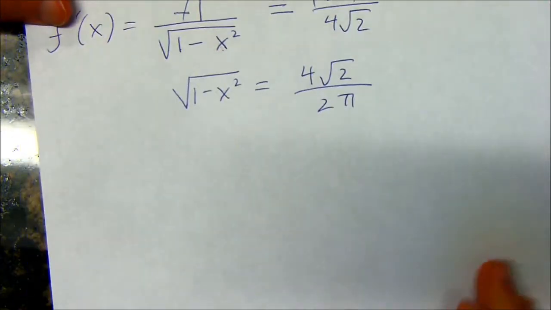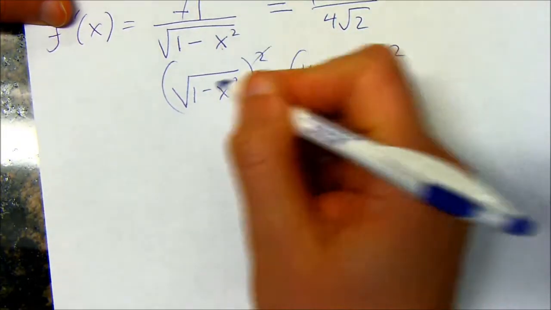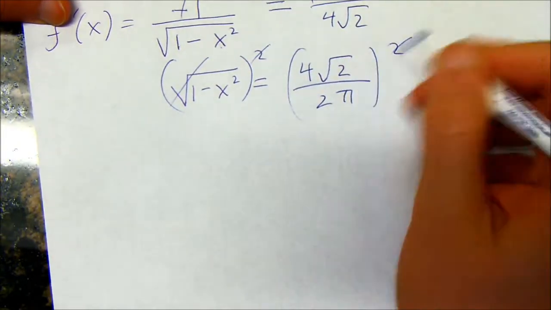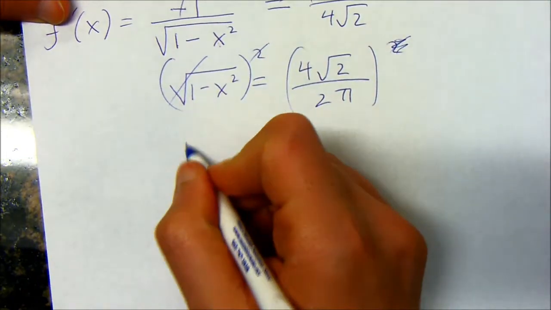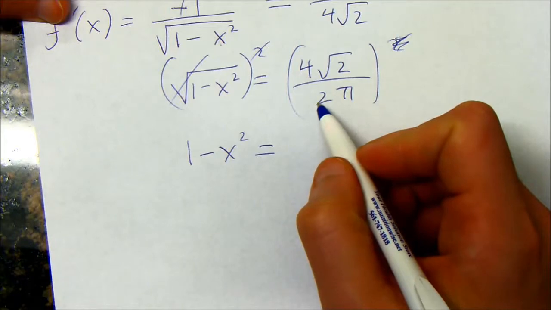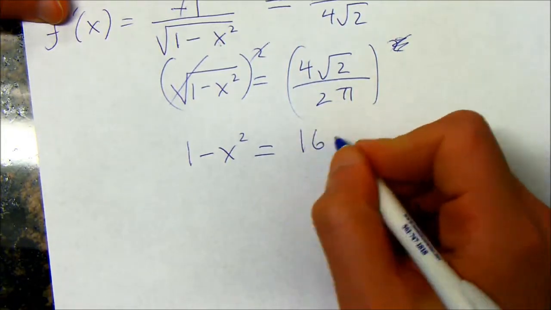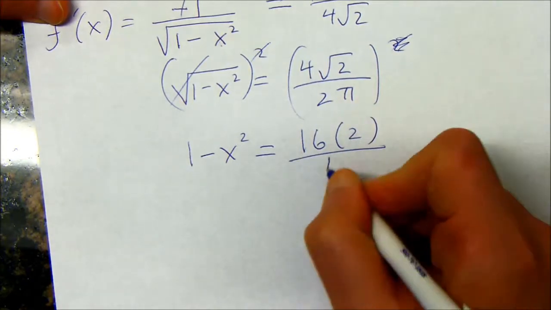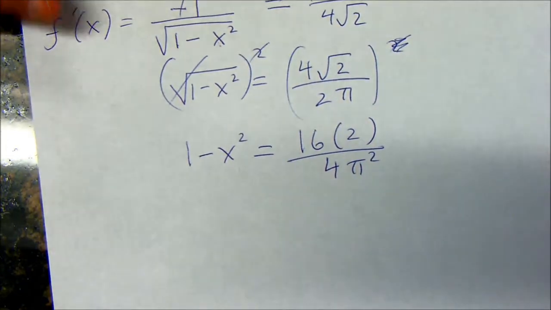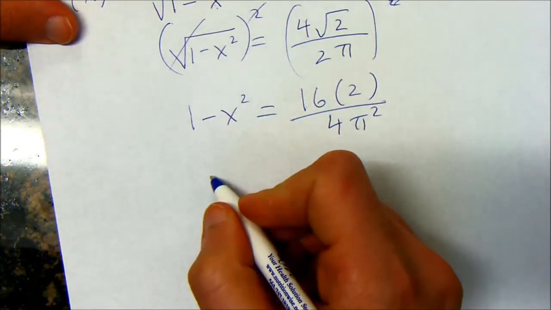Okay? I'm going to square both sides. This cancels, this cancels, well, that doesn't cancel, then a bunch of stuff is going to be squared. 1 minus x squared gives me, well, this is going to be 16 times 2 over 4 pi squared, right? Simplify this down a little bit.